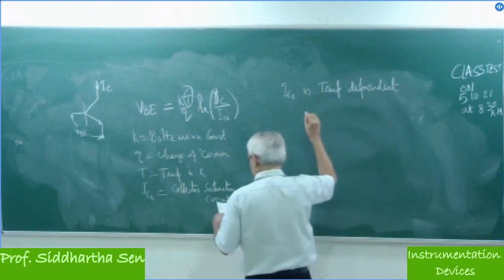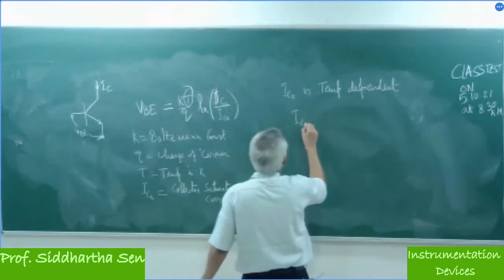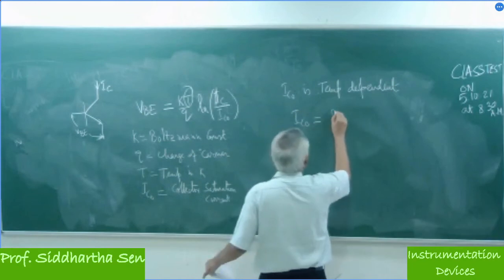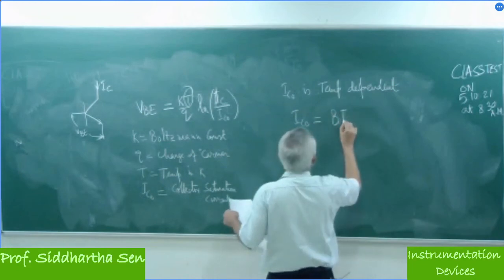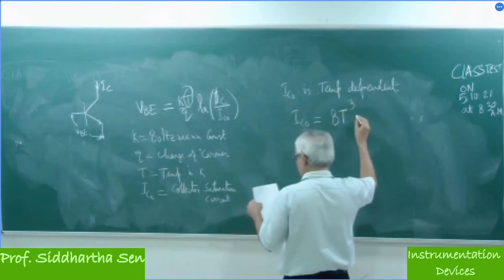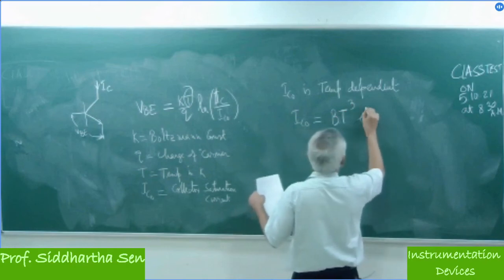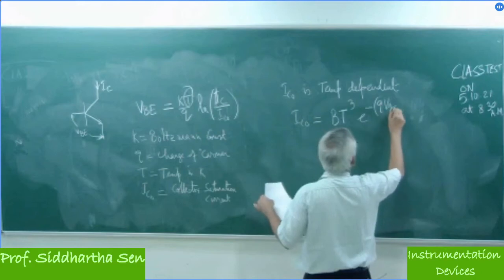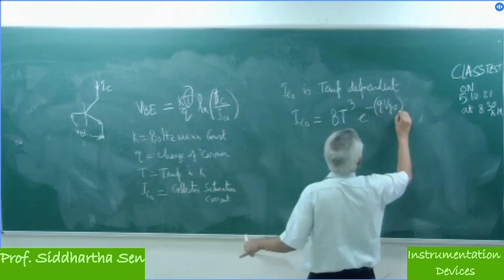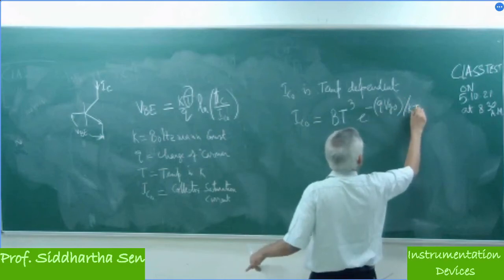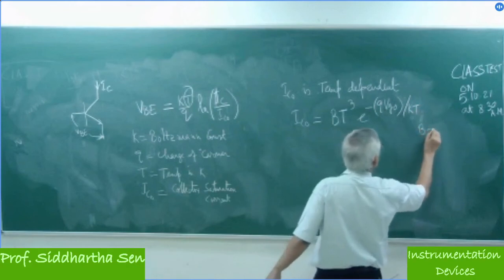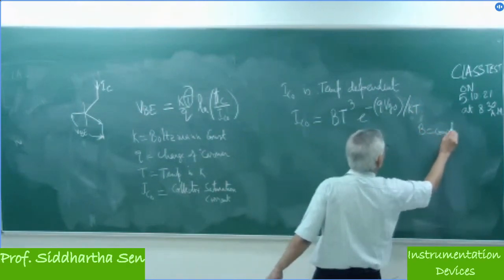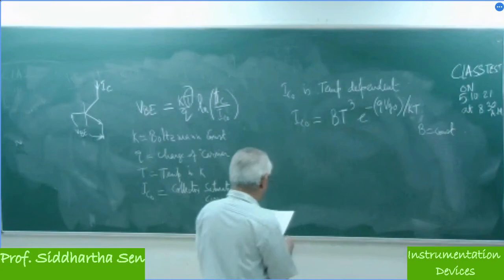In fact, it can be written that IC0 is equal to B into T cube into e to the power minus QVG0 divided by KT, where B is a constant that depends upon the shape and other parameters.